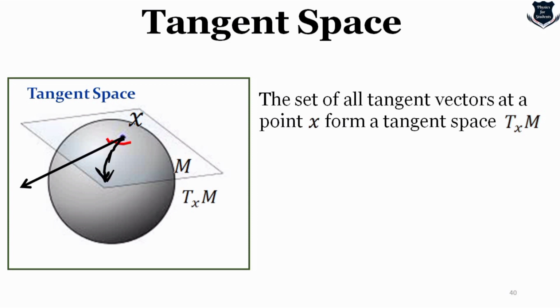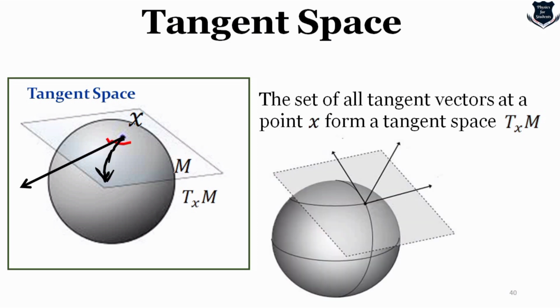So the set of all tangent vectors. We have seen tangent vectors, tangent bundles. Now we are talking about tangent space. So all tangent vectors at a point form a tangent space T_x M. So let us see that. For example, these are the tangent vectors, this one and this one and this one. So as I told you, intuitively it contains all possible directions.